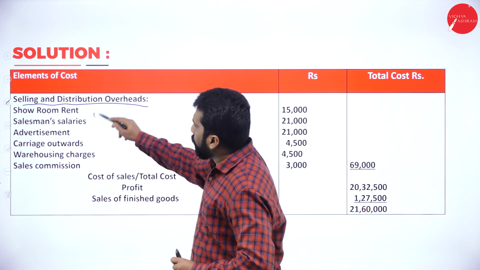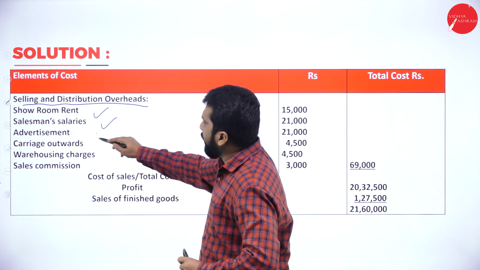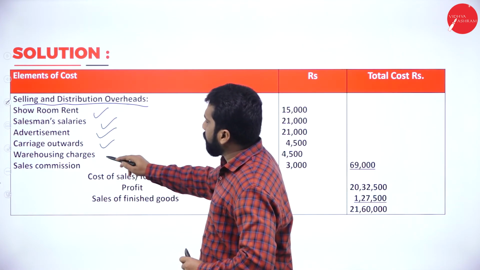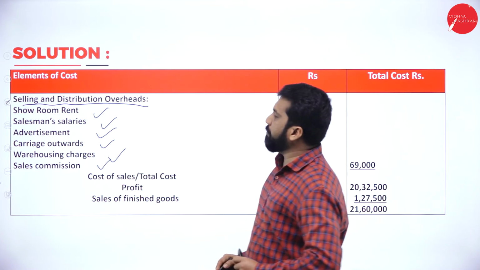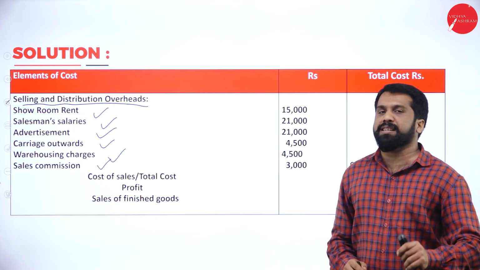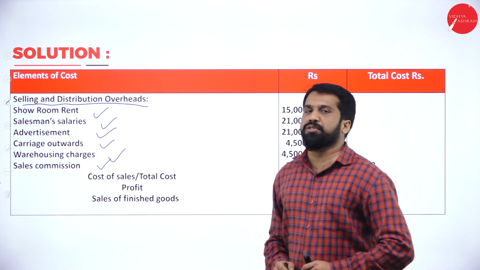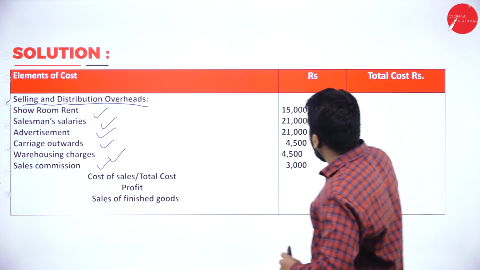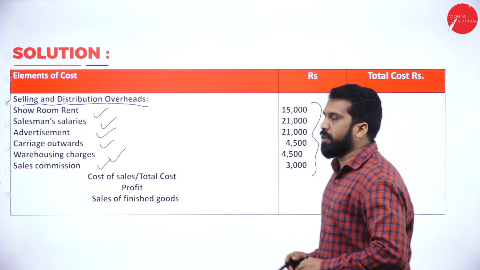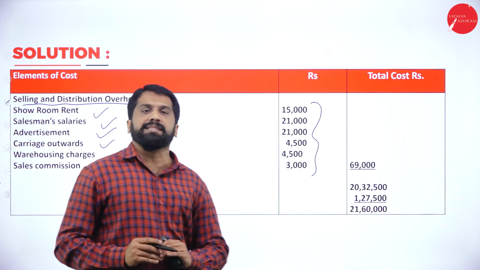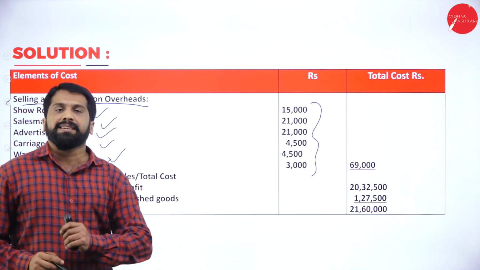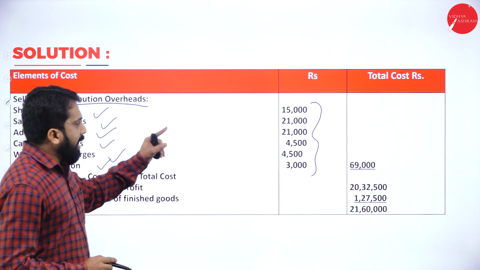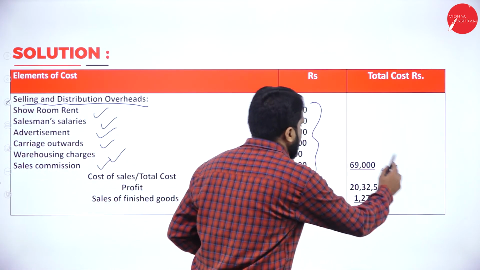Showroom rent, salesman salary, advertisement, carriage outward, warehouse, sales commission. These many things we consider as selling and distribution overhead. Remember, there is no opening or closing stock under selling and distribution. Now add everything. It will be 69,000.